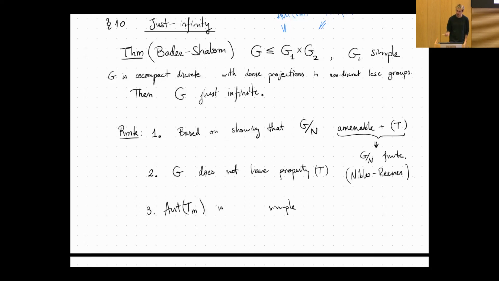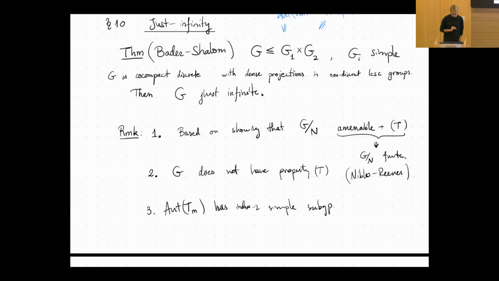It has an index 2 simple subgroup. So it's not so bad in terms of the first assumption. Let's say G is simple. This we can maybe assume, but the problem really is with the dense projections.